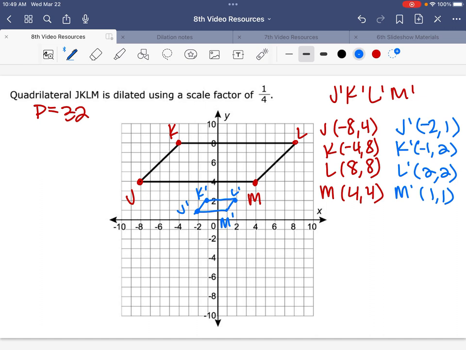Well, I just took each of those sides and I took 1/4 of them, meaning that the new perimeter is going to be 1/4 of the original. So perimeter of the new shape would be whatever 32 divided by 4 is, which we know is 8.